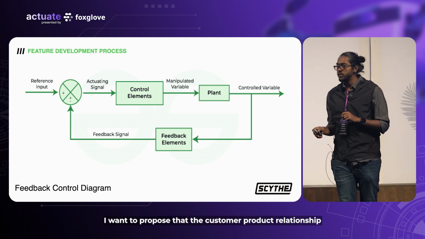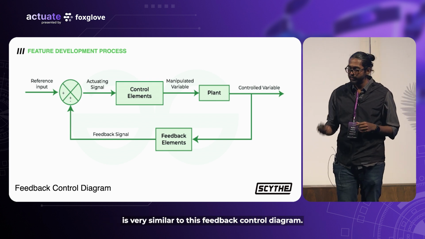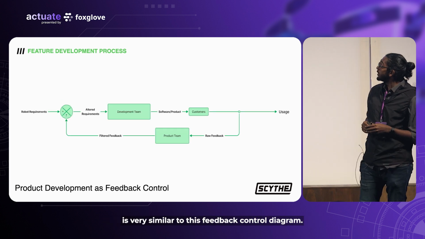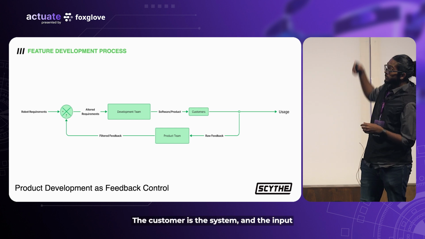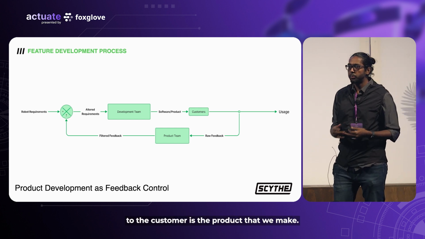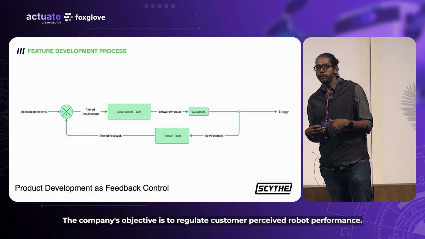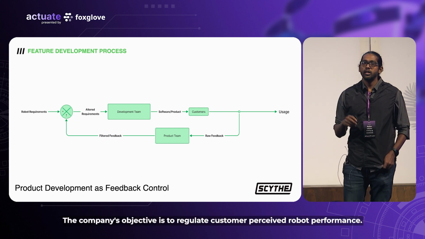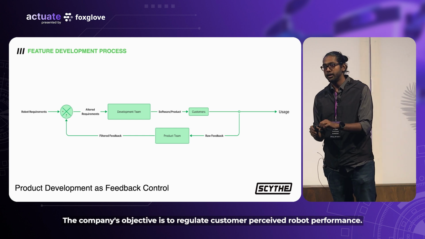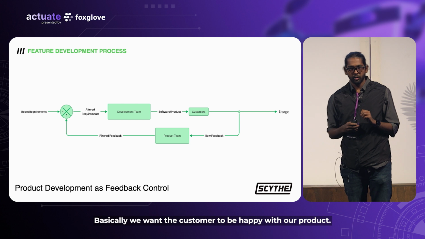I want to propose that the customer-product relationship is very similar to this feedback control diagram. The customer is the system, and the input to the customer is the product that we make. And they use the robot. The company's objective is to regulate customer-perceived robot performance. Basically, we want the customer to be happy with our product.